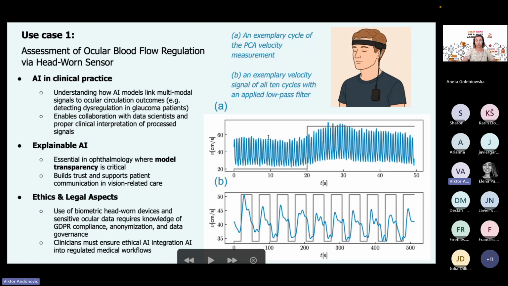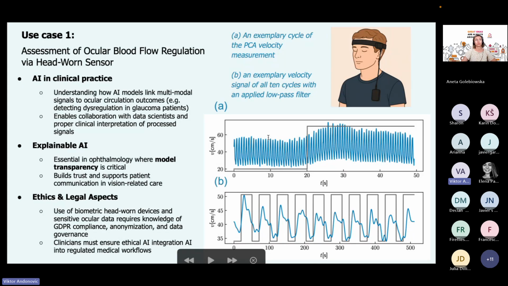And of course, after the design, they have to know how to answer questions such as, why did the model make such predictions? So that's why medicine professionals need to have these competences in order to be able to work with data scientists and AI professionals in such interrelated projects.